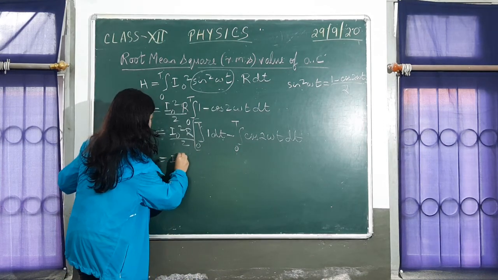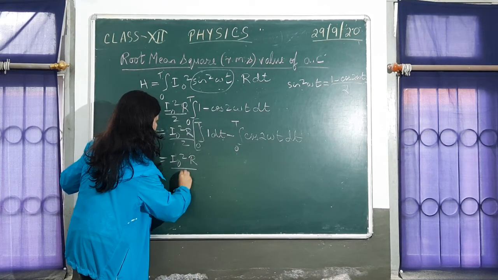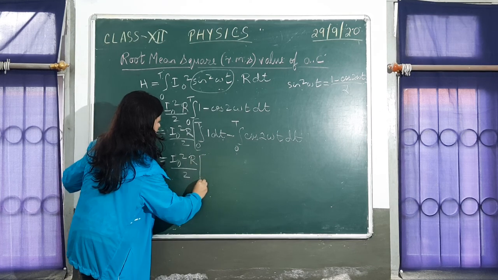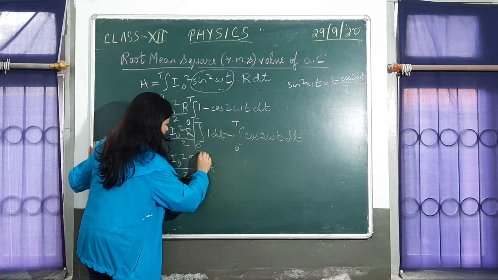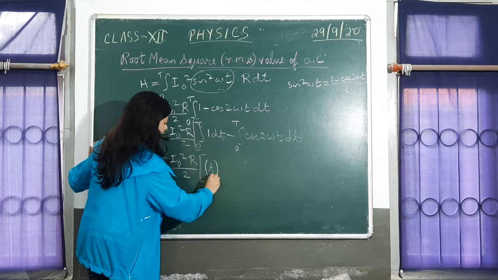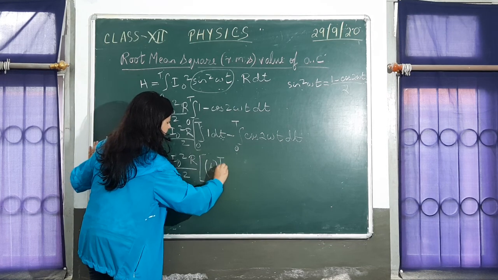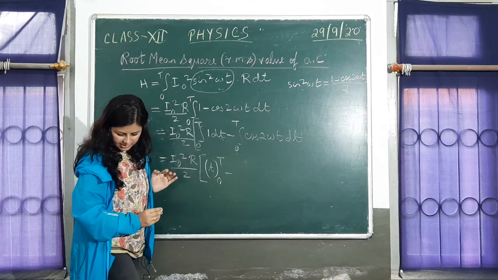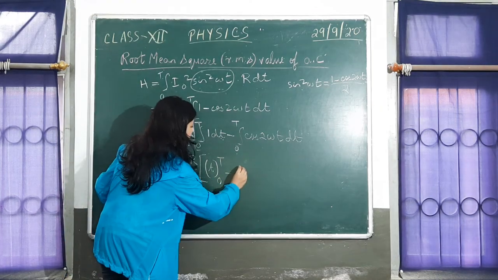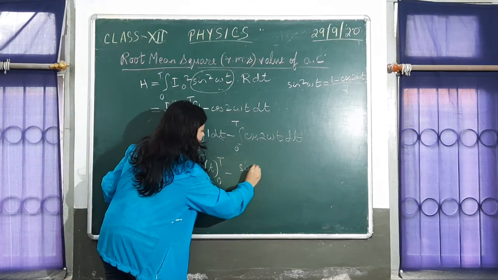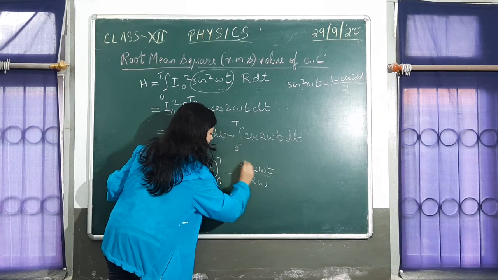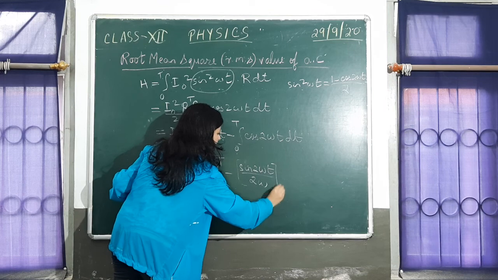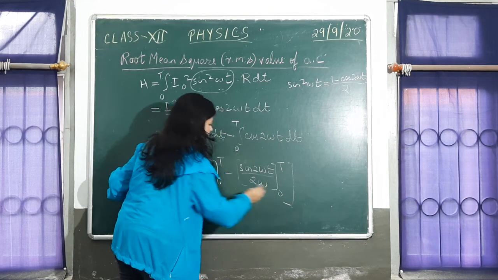So I naught square R by 2, integration dt is t within the limits 0 to T, minus integration cos 2 omega t, which is nothing but sine 2 omega t divided by 2 omega, and the limits of which are 0 to capital T.